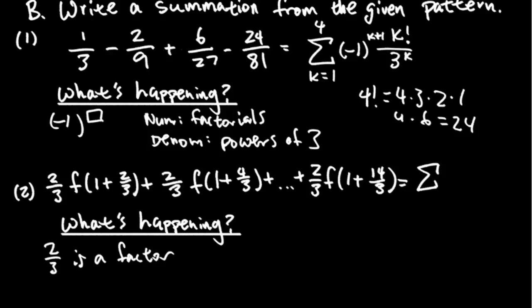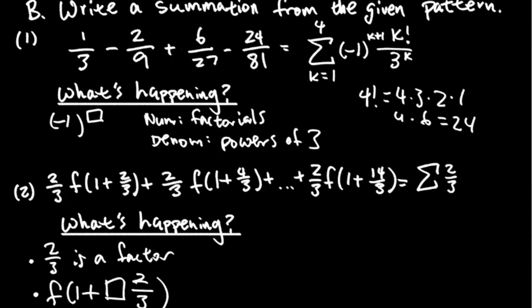And then we have f of 1 plus something. So it looks like there's something with a 3, and then there's some numerator. They're all even. So we have 2, 4, and then we go to 14. So if they're even, then that means they're all divisible by 2. So that means we just multiply something to those. And the question is, what is that?